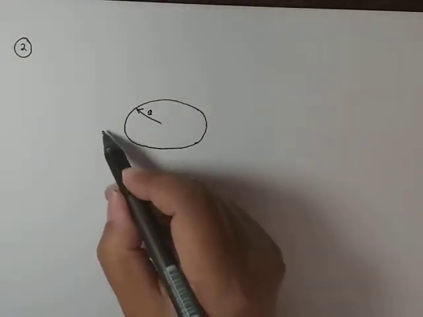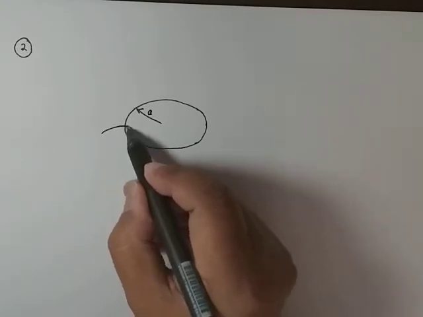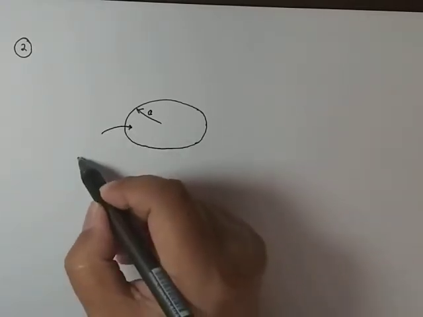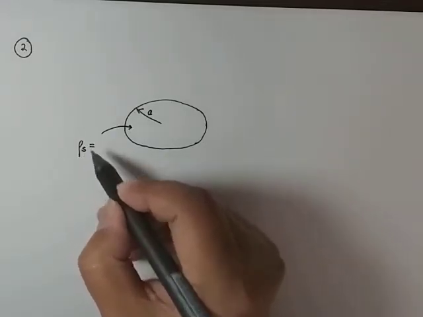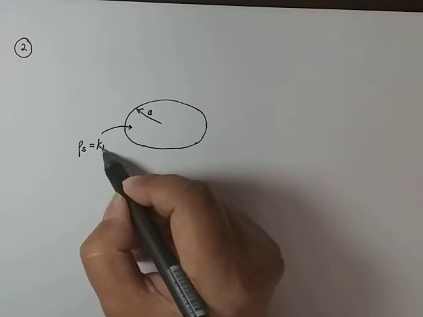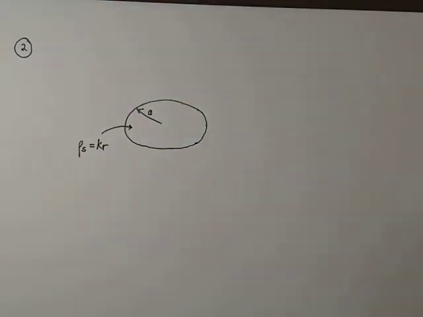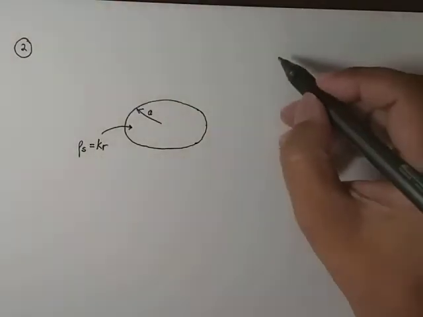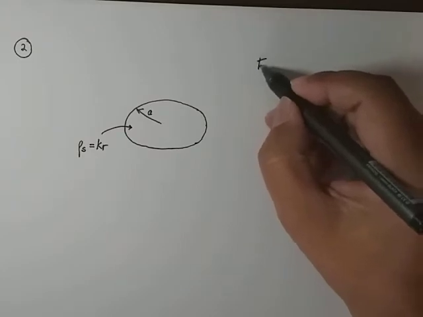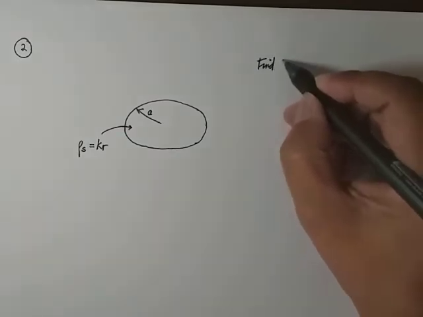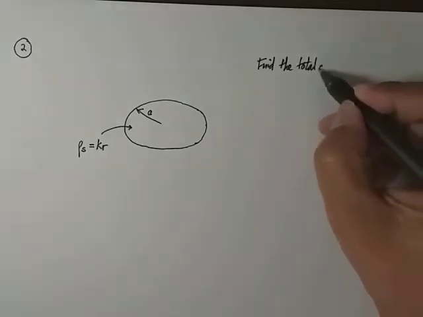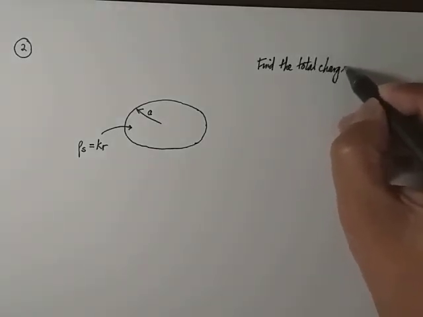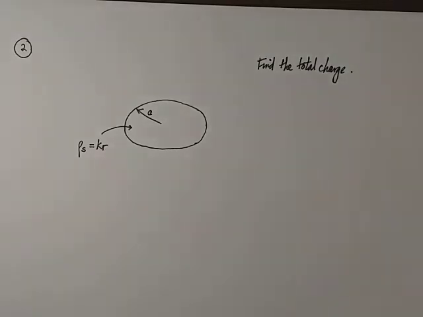And the second information given is that our disk has a density which is symbolically rho s and equal to Kr. So what are we asked to determine now? Find total charge. Okay, that should be our objective.